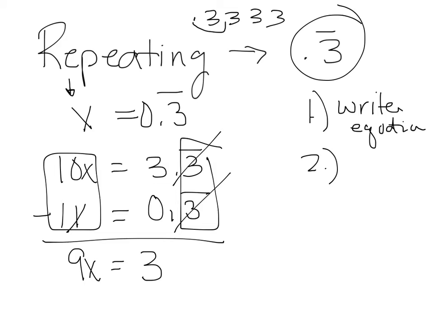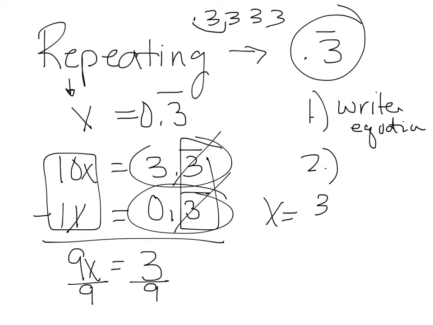And that's what we need to do in order to change repeating decimals to fractions. We need to get two forms of that number that we can subtract and make the repeating decimal parts cancel out. Once we have 9x equals 3, we'll solve for x. So that's divide both sides by 9. X equals 3/9, which reduces to 1/3.